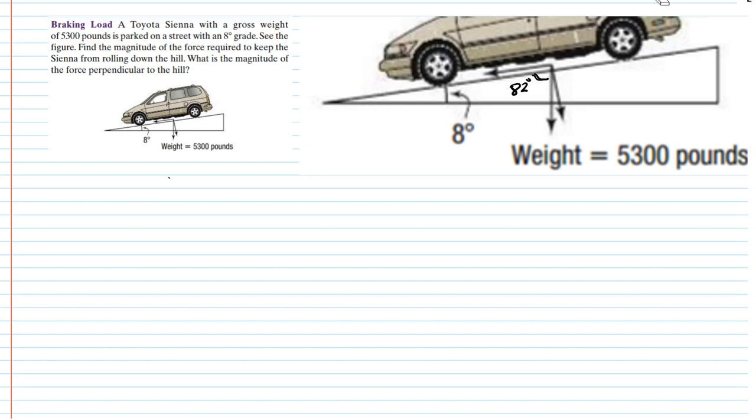Now let me remove that, but keep in mind that we've found this angle to be 82 degrees. Now, in terms of these two vectors, one going in the horizontal, let's call it a downhill force, and this one is the perpendicular force, right? These two are perpendicular to each other.